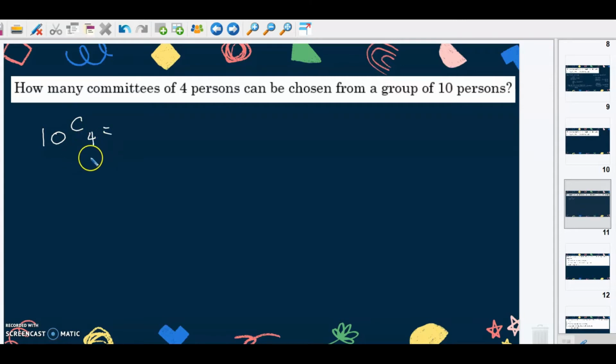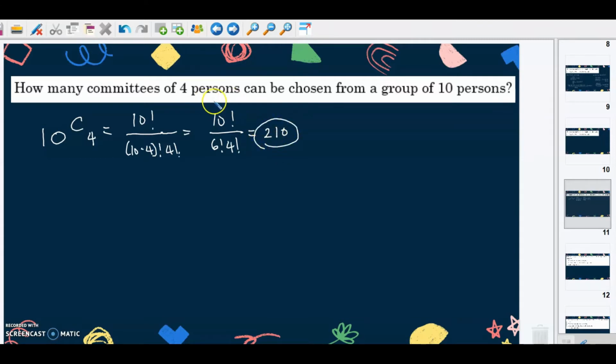If we simplify this, this will give us 10 factorial over 10 minus 4 factorial times 4 factorial, which can be simplified as 10 factorial over 6 factorial times 4 factorial, and will give us the exact value of 210.